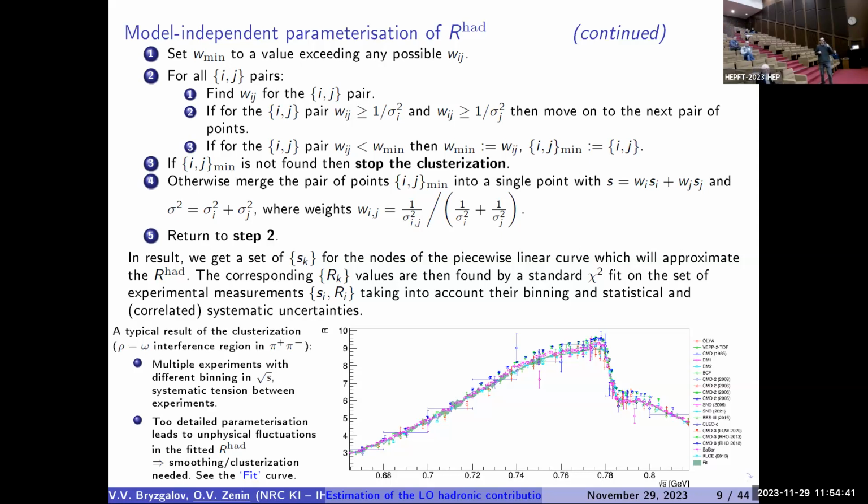So we see that despite having multiple measurements of the cross-section with quite fine bins, we arrive at a quite smooth parameterization of the cross-section, which uses no prior knowledge of contributions of rho and omega resonances and how they interfere. So this is just an example of how the clustering of experimental points works.